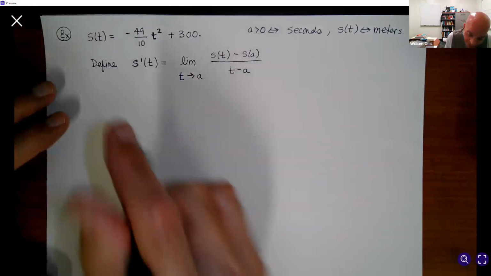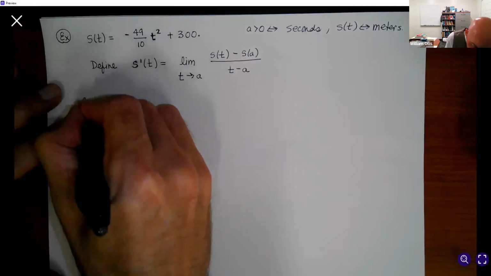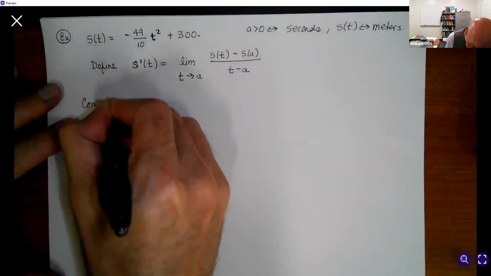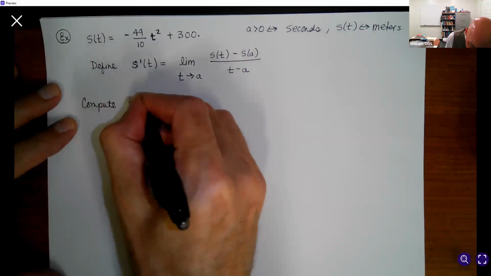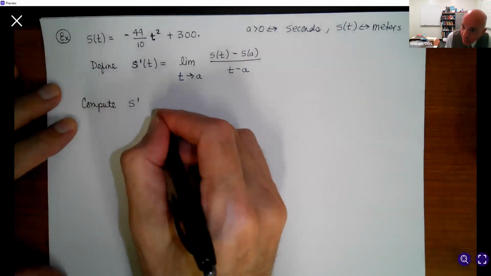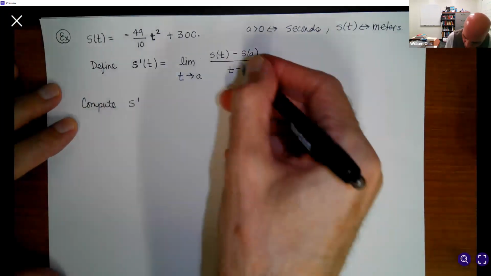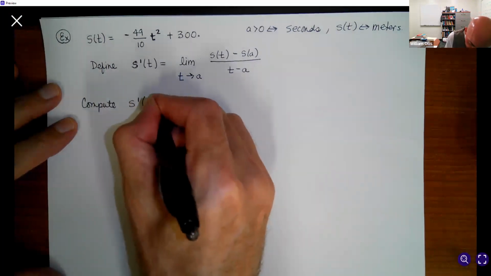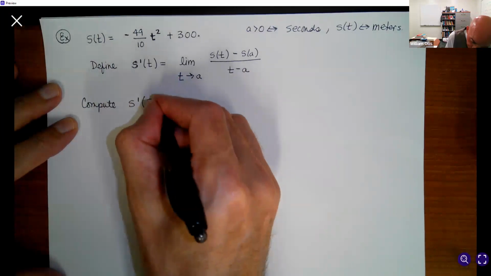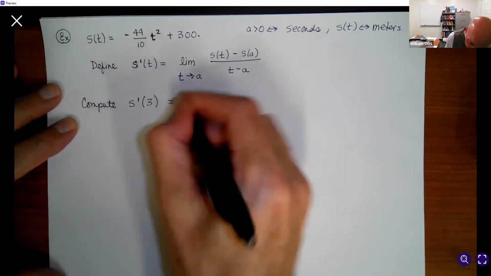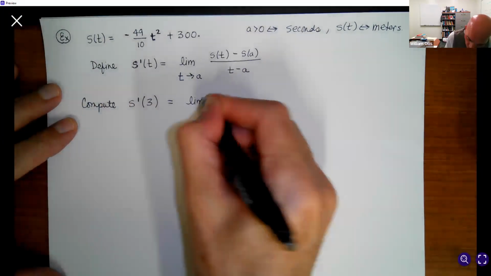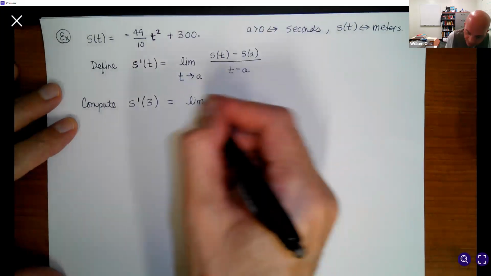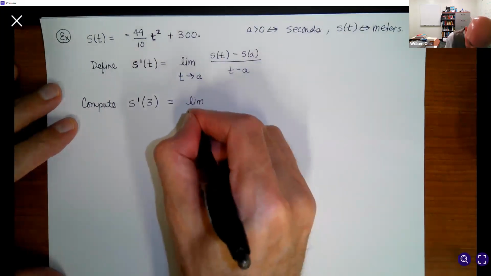So now, basically what we want to do is compute. Let's just pick a particular value of a. You could do it like it is if you want, but we'll just say S prime of 3. So this would be the limit as t is approaching 3 of S of t minus S of 3 divided by t minus 3. Of course, you could do this in general, but I'm not asking you to do that now.